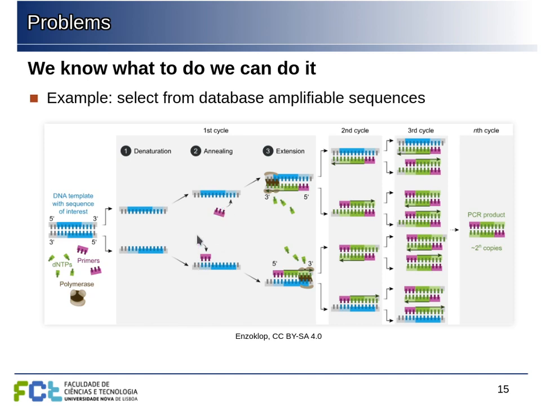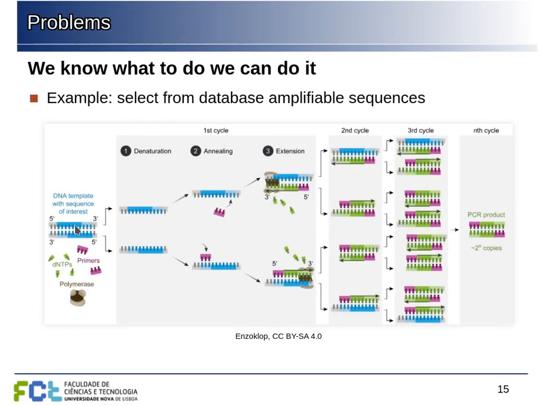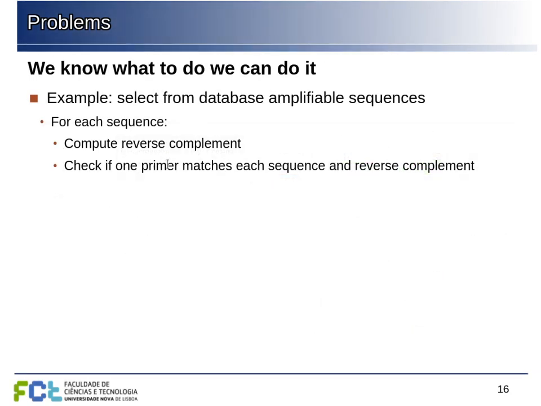So in order to find out if a given sequence in our database can be amplified with the two primers that we have, we can do this by, for each sequence, computing the reverse complement, which will be the complement of the sequence, but in the reverse order, and then checking if we have one primer matching a part of one sequence and the other primer in the correct region of the reverse complement.